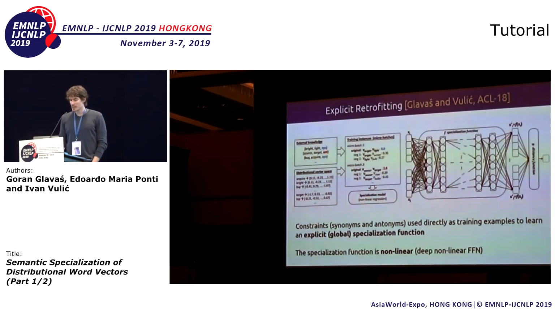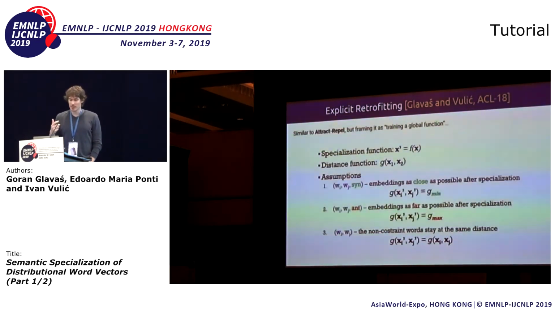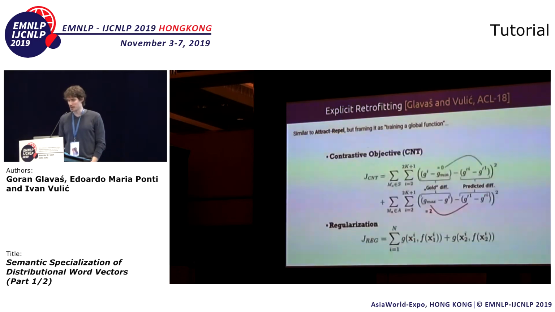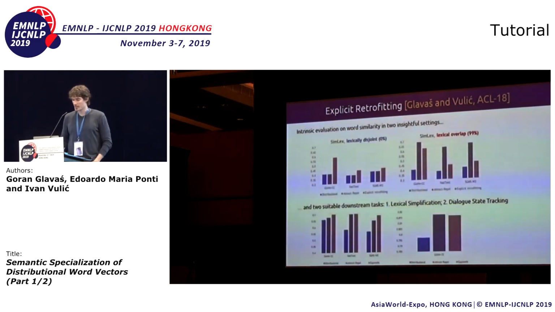The training proceeds pretty much in the same way as fine-tuning for Attract-Repel, more or less. The only difference is that we want to do this explicit mapping now, and not the fine-tuning. And regularization is also pretty much the same. I don't have time to dig into the model now, but it's important to understand the main concepts.